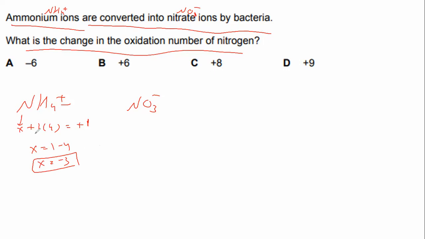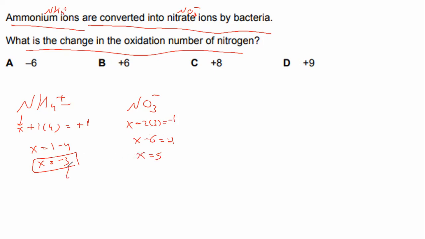Just let us make sure. Yeah, -3. And here, guys, nitrogen is X, oxygen is always -2. We have 3 of it equal to -1. X - 6 equal -1. So X will be 5.